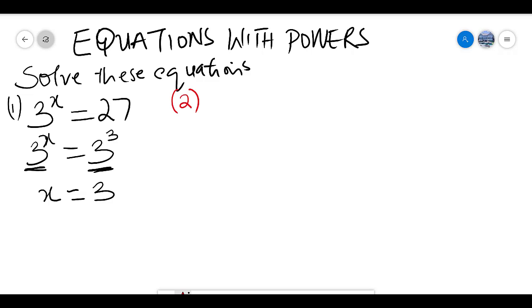I'm sure by now you'll be able to do something like this. So you could have 2^(3x) equals 4^(2x-5). Now, you will employ the same working principle.